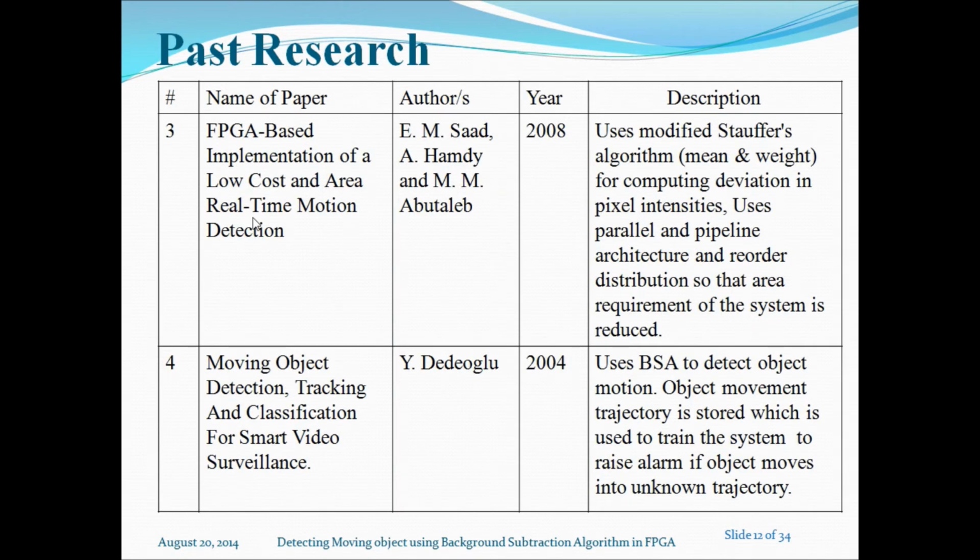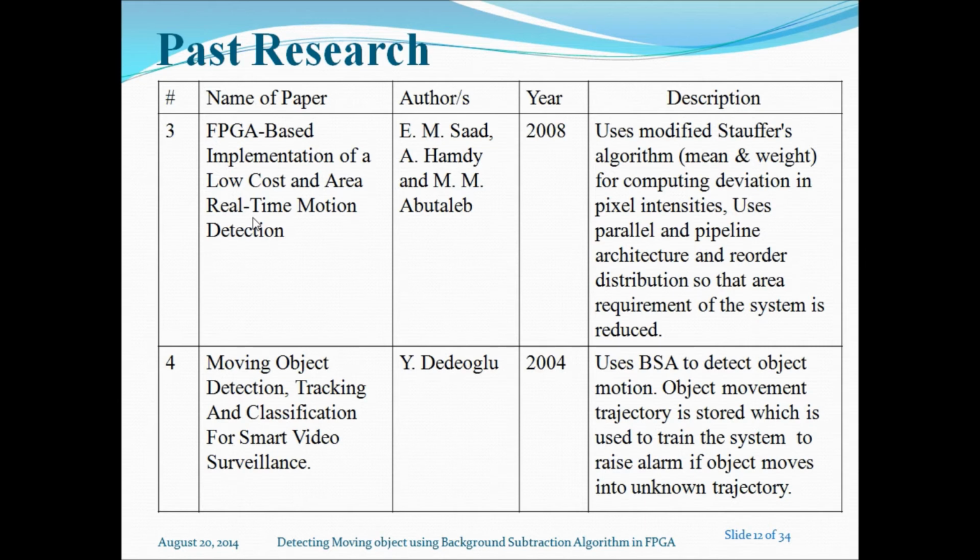In paper 3, published in 2008, the author has modified Stauffer's algorithm, updating mean and weight only and not variance. For computing deviation in pixel intensities, the paper talks about parallel and pipeline architecture and reordered distribution so that the area requirement of the system is reduced.